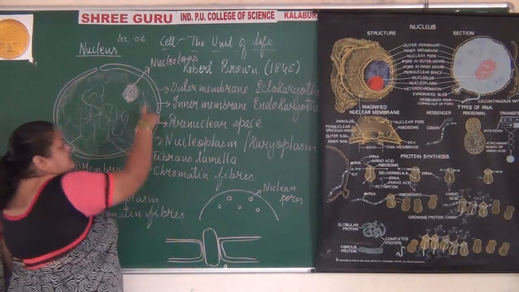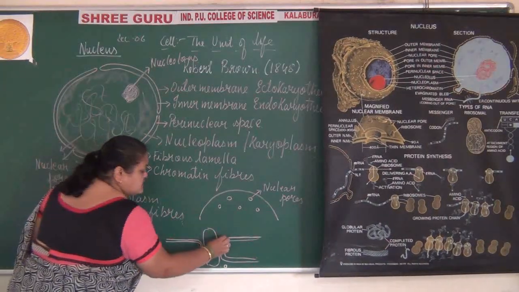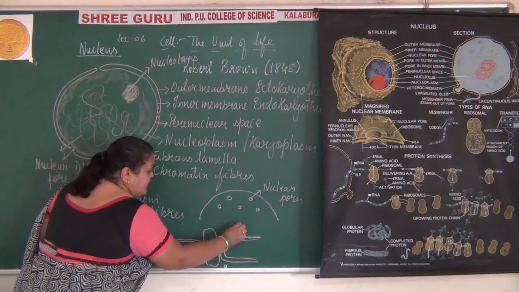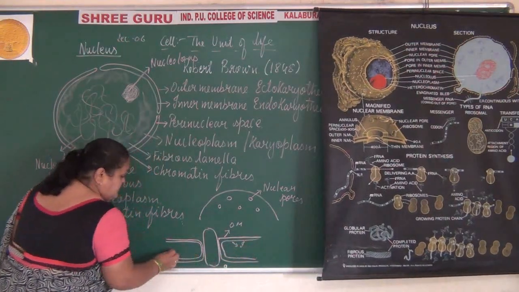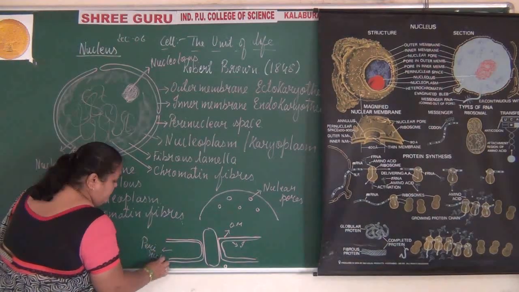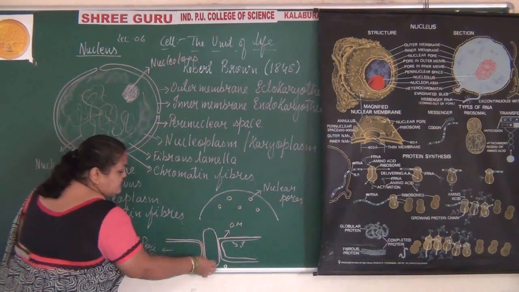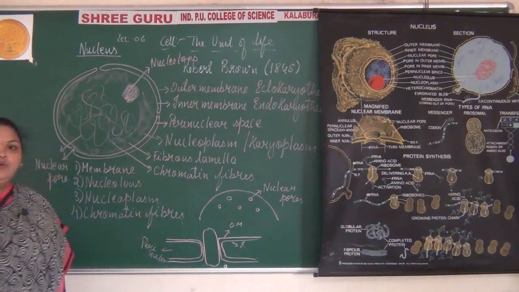If this part is expanded and observed under the microscope, this is the outer membrane, this is the inner membrane, and this space is the perinuclear space, and this gap between the membranes is the nuclear pore.